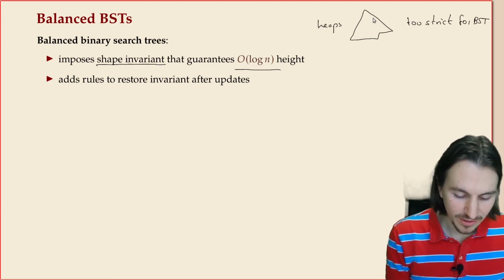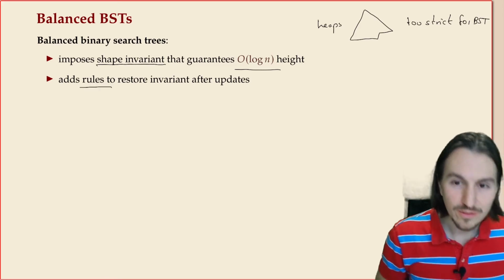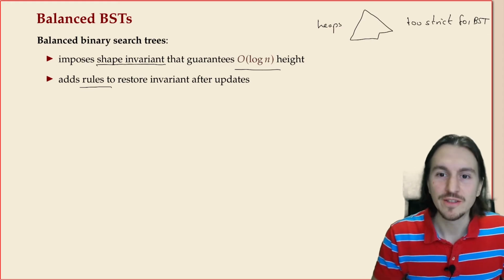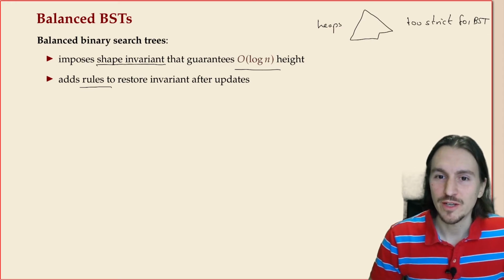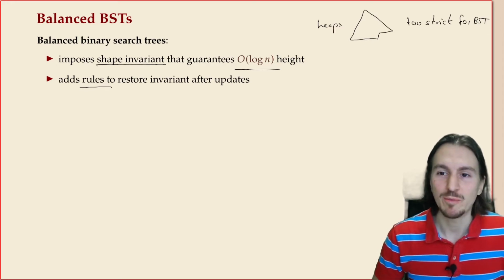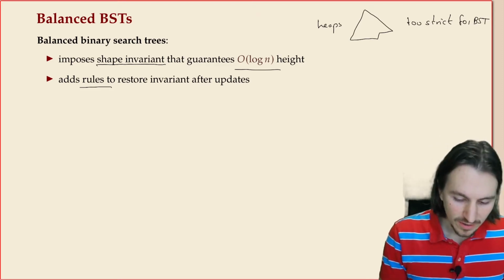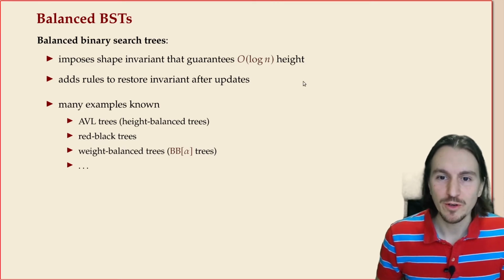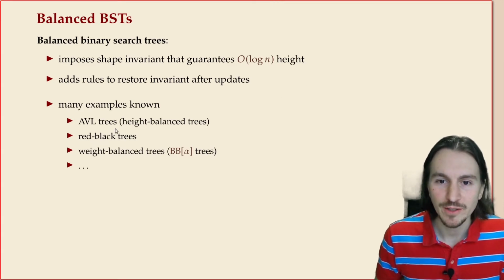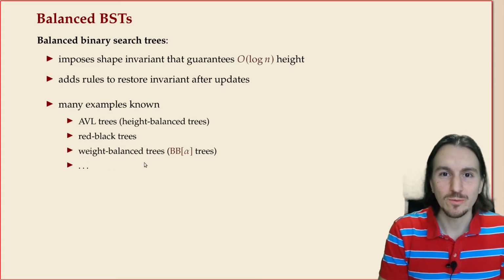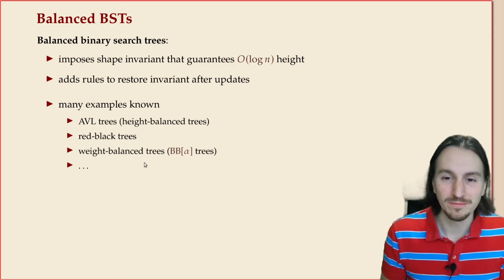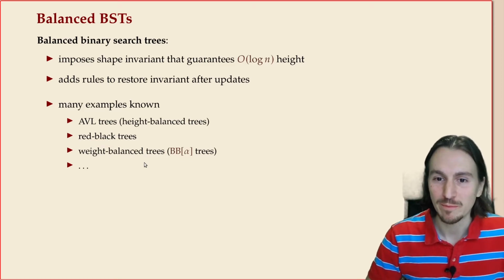And the second important part is that there are rules so that if you insert or delete elements in this tree, you can maintain this shape invariant. There are many such examples known. The most famous ones are AVL trees and red-black trees. Slightly less well-known, but desirable for some other more specialized properties, are the weight balanced trees.